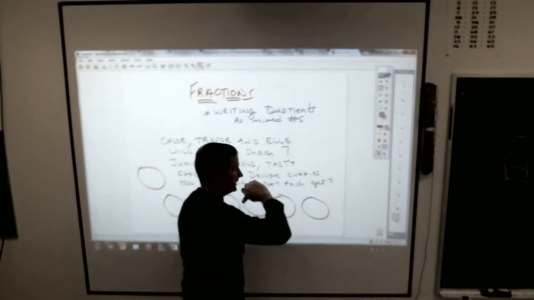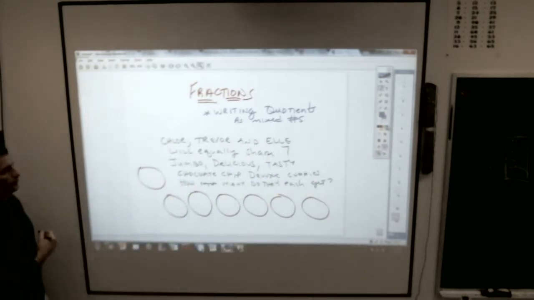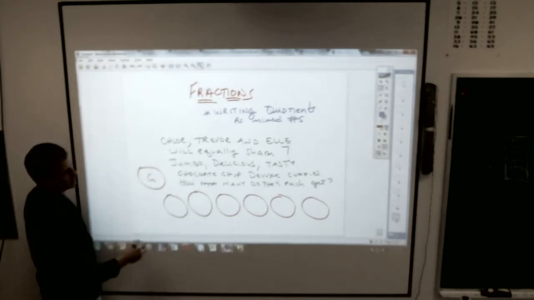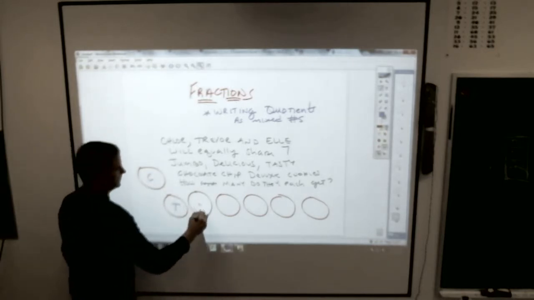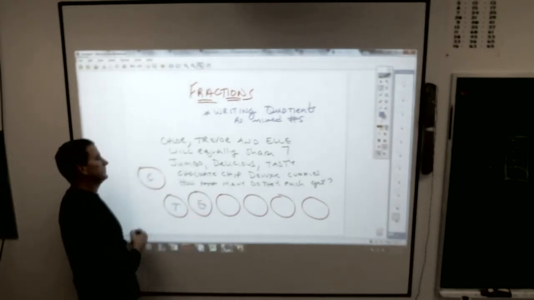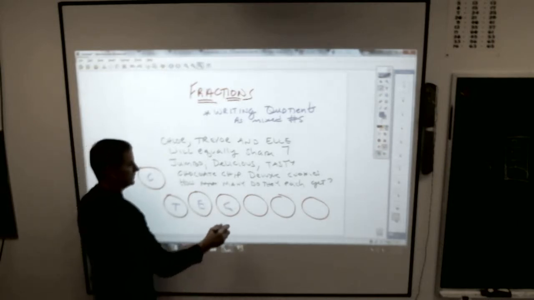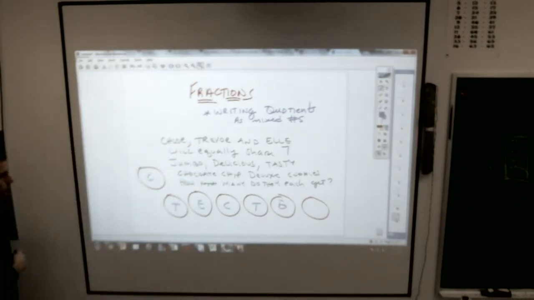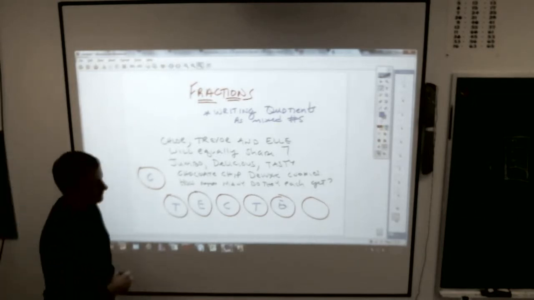They look mighty tasty at this point. So if we're sharing them, here's where we go. Well, we pass them out. Let's say Chloe gets this one, Trevor gets this one, Ellie gets this one. Now you go back to Chloe, she gets a second one. Trevor gets a second one. And Ellie gets a second one. But now we've only got 1 cookie to share amongst them.